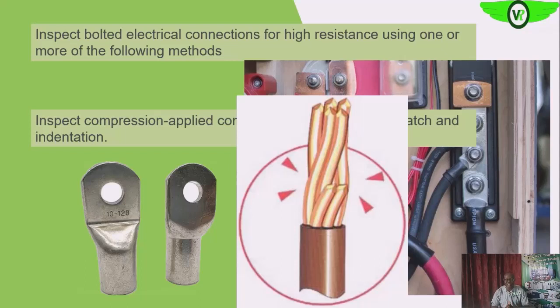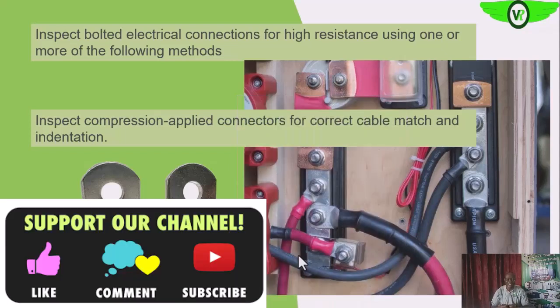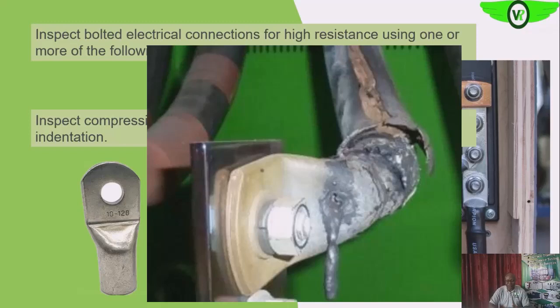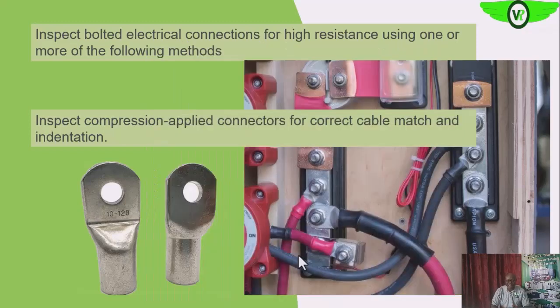So when you do that, what you have done is that you have reduced the cross-sectional area of the cable at that particular point as it's entering the terminal lug. Okay, so once that happens, it means that you have increased the resistance of the cable at that point. And once the resistance is increased, it means that the amount of heat that will be dissipated will also go up. So we want to be sure that we use the right size of the terminal lug.